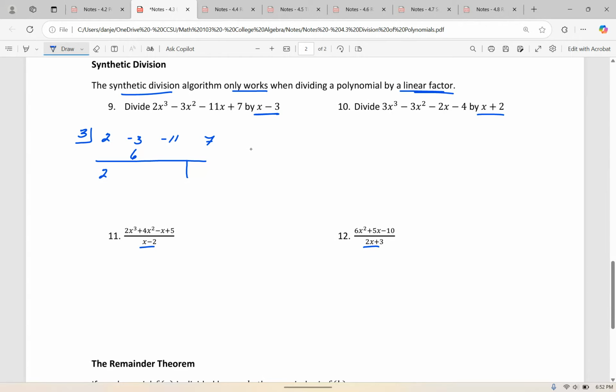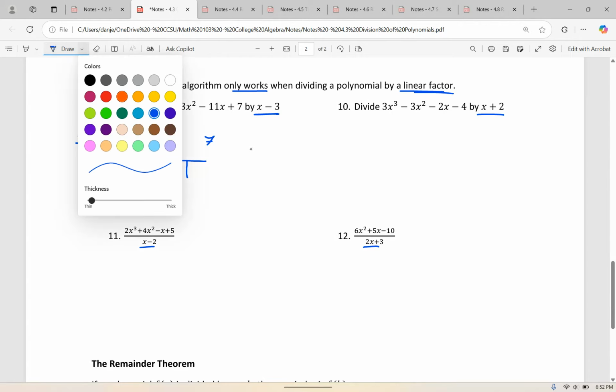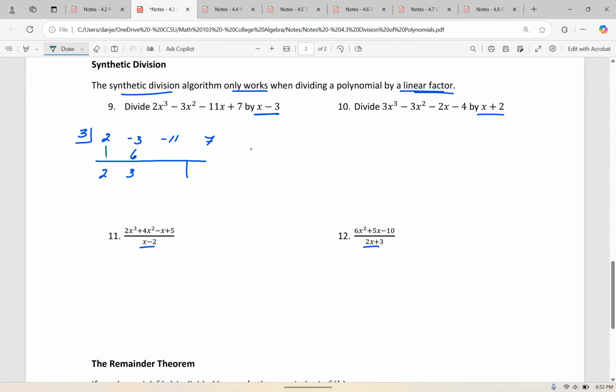Negative 3 plus 6 is 3. So you'll notice what I did is you just bring down the 2, then 2 times 3 is 6. And then I add, coming down, negative 3 plus 6 is 3.